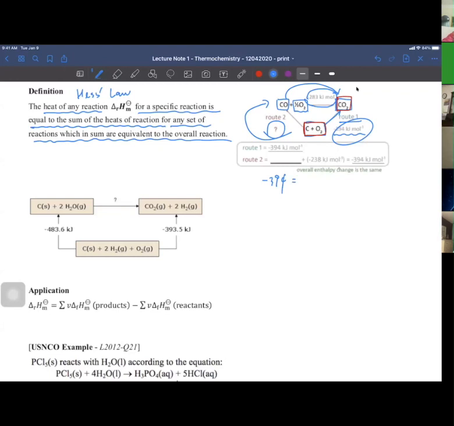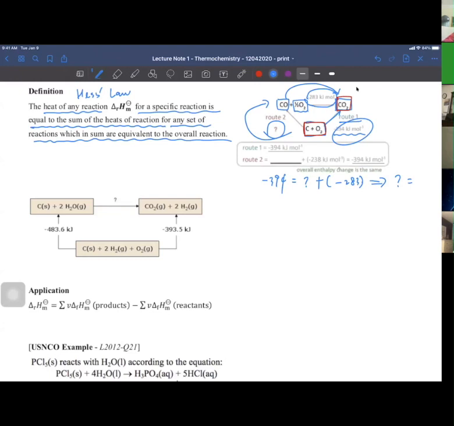So we have negative 394 equals question mark, which is the first step of route 2, plus negative 283, right? And then we can calculate the question mark. I think you can calculate it by yourself. The value should be negative, which also makes sense, because carbon with oxygen to produce carbon monoxide is actually the incomplete combustion of carbon, right?